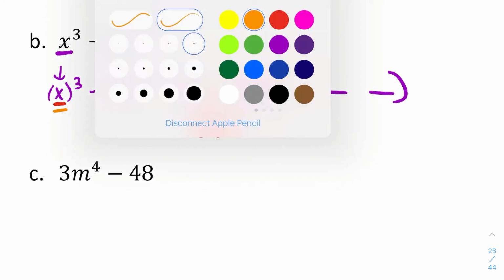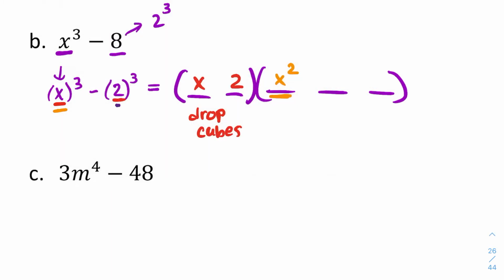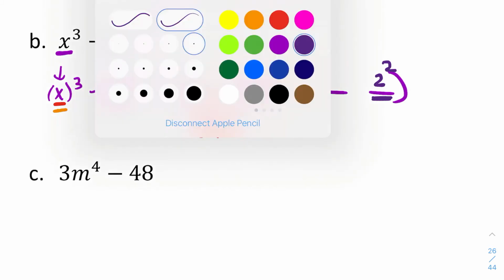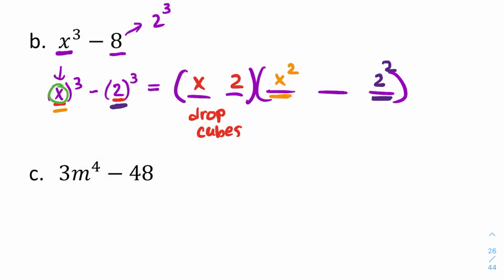And then I usually jump to the last term, 2 squared, right there. And then for the middle, you're going to be multiplying x and 2 together. So 2 times x. So it's basically drop off your cubes, square your first thing, square your second thing, first and last, and then multiply them together in the middle.